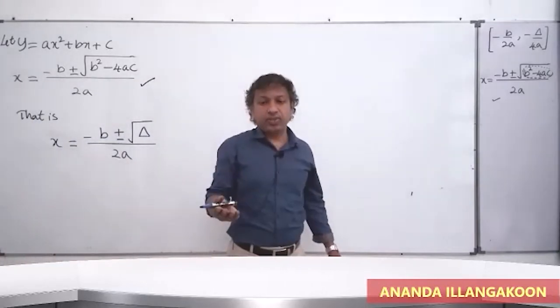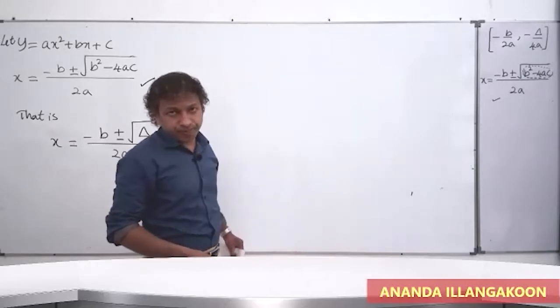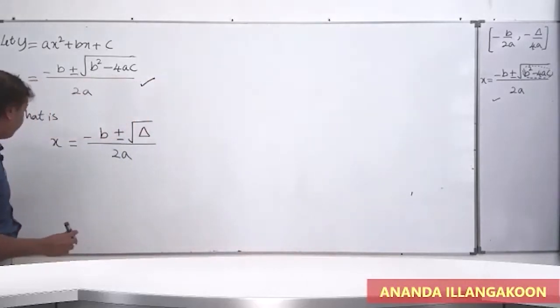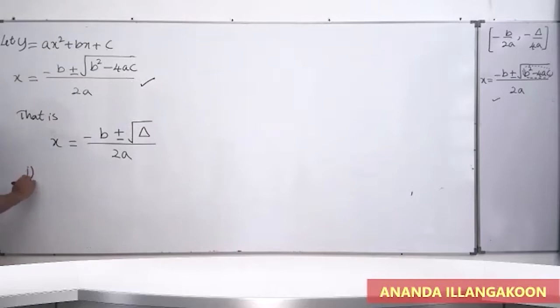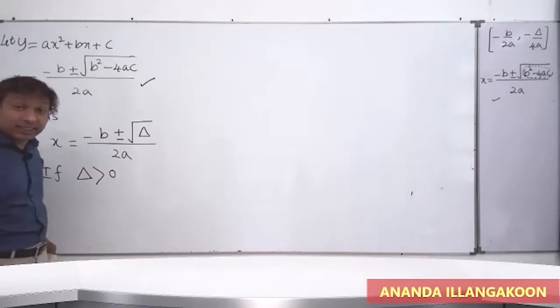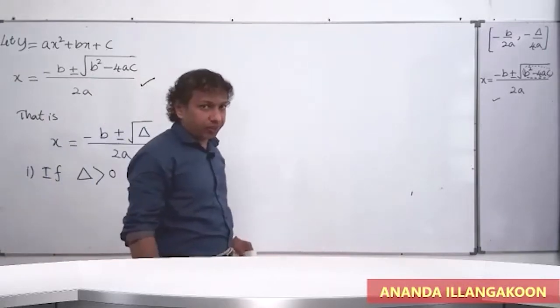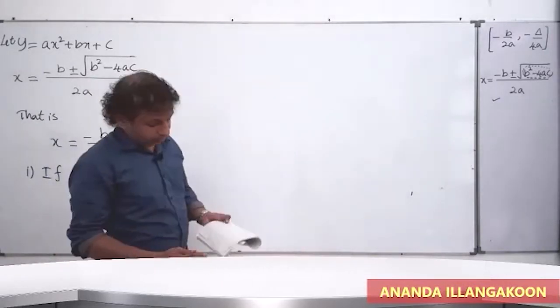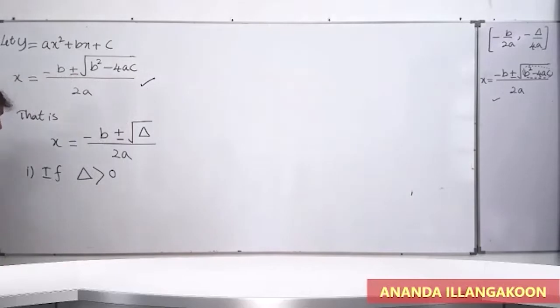Now in terms of delta, we explain the possibilities. Okay, write down like this. Number one. If delta greater than 0. People, you know what is meant by greater than 0? Delta is positive. Write down: if delta greater than 0, underline.